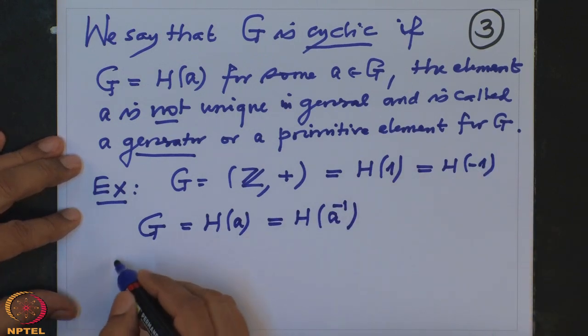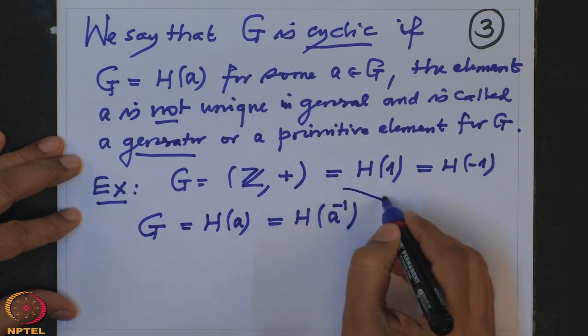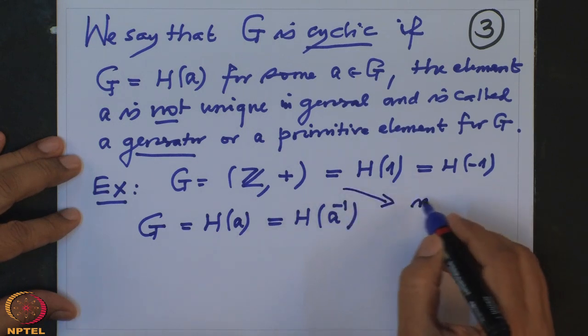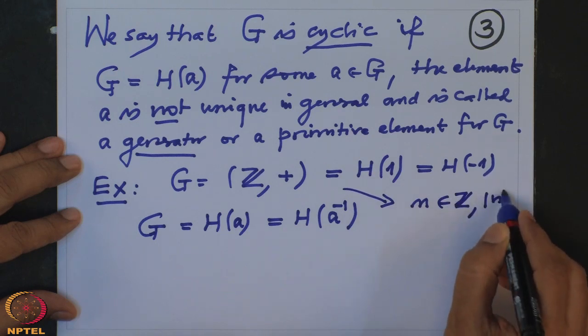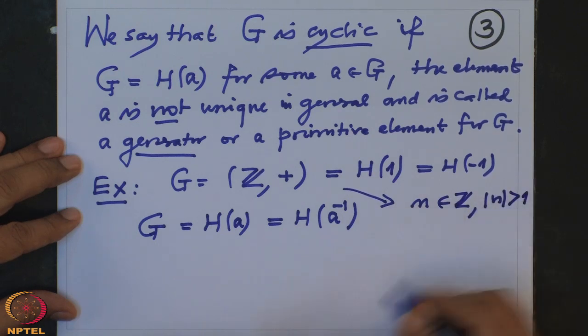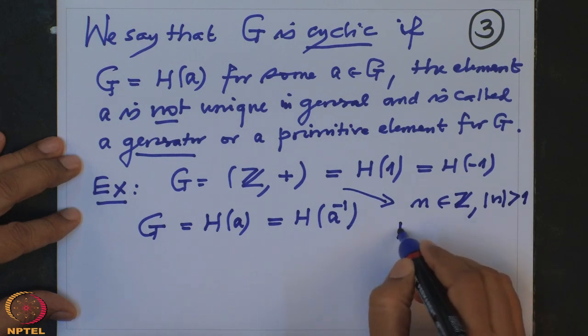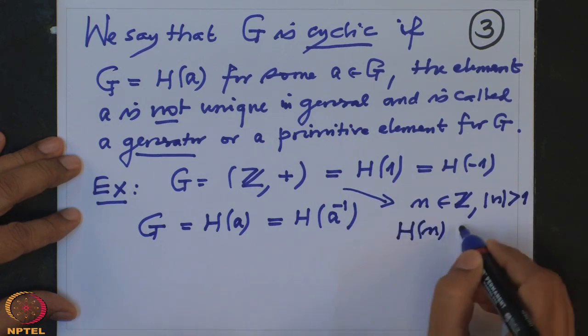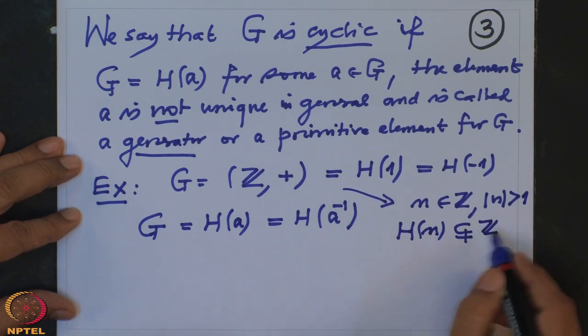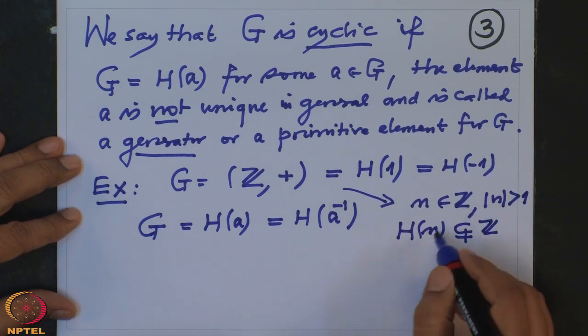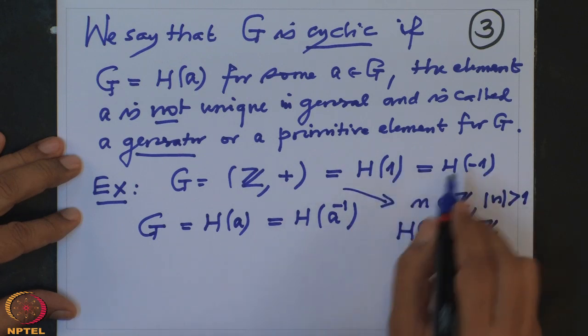So in this case, if n is an integer and the modulus of n is bigger than 1, then H(n) is a proper subgroup of Z. It will never be equal. So this means there is no other generator than 1 and minus 1.